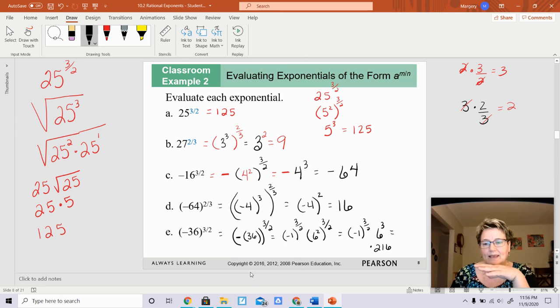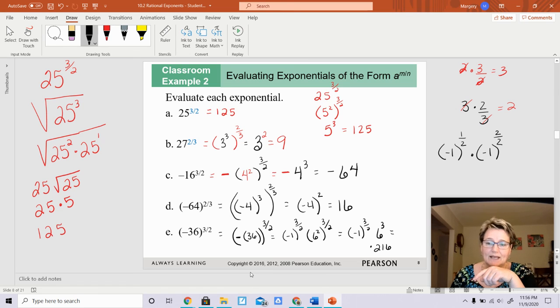Now, if I have negative 1 to the 1/2, and I'm going to multiply it by negative 1 to the 2 halves. When you multiply powers, you add the exponents. So that will give me 3 halves.